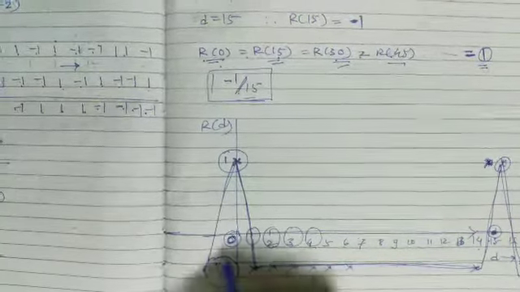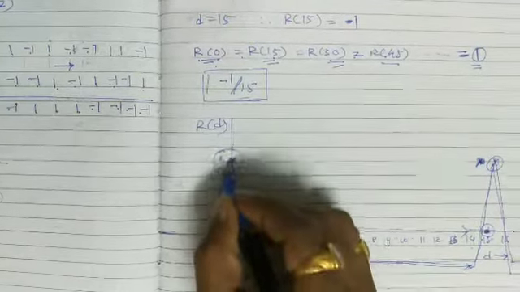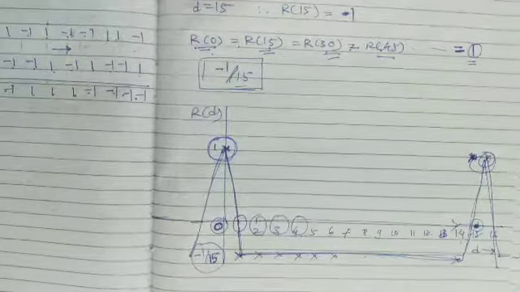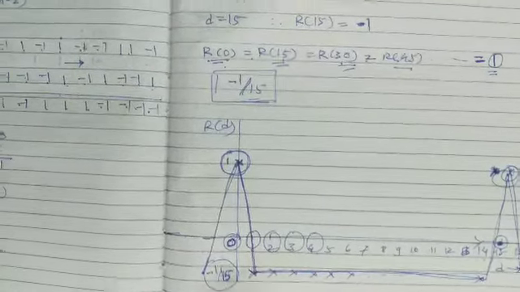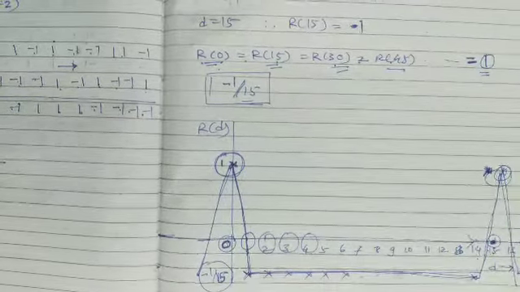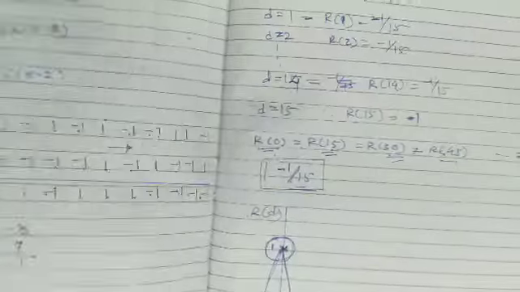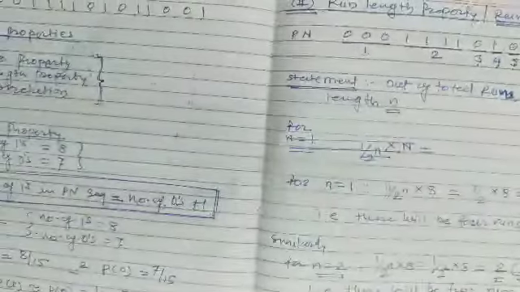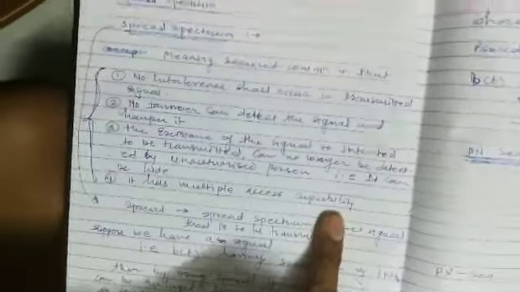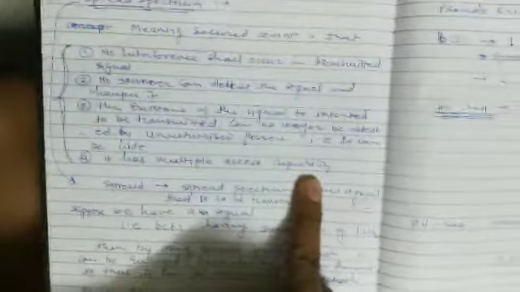It means that if we are using this particular PN sequence, then by shifting the PN sequence, it can be used for other users. While discussing the properties, we had a discussion that it has multiple access capability.